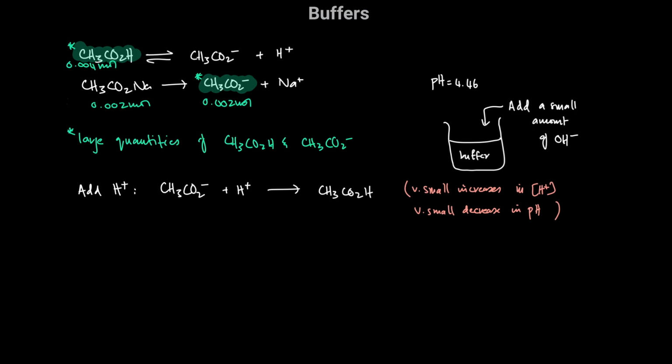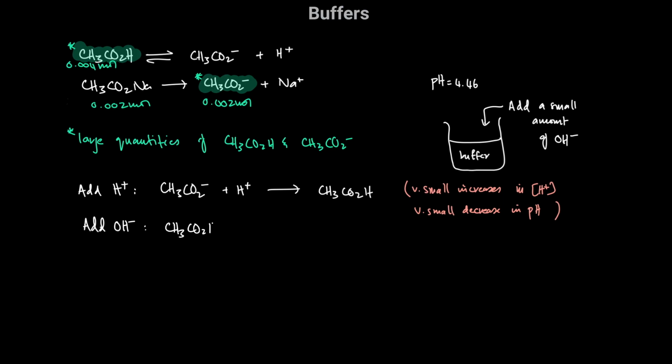We know that the acid is present in fairly large quantities. The alkali will react with both the acid and the H+ ions. But because large quantities of unionized acid are present, we can say that the hydroxide ions will largely react with the unionized acid.